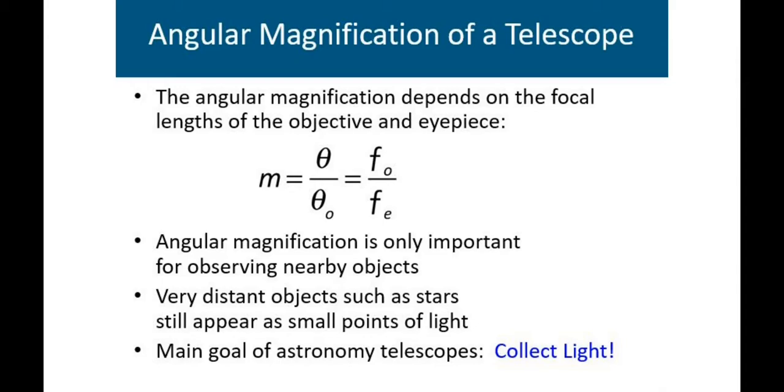Angular magnification depends on the focal length of the objective lens and the eyepiece lens. The angular magnification is the focal length of the objective lens divided by the focal length of the eyepiece.